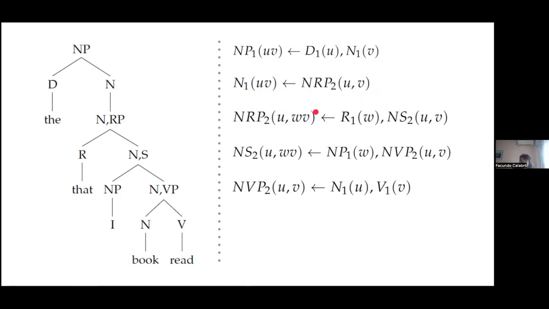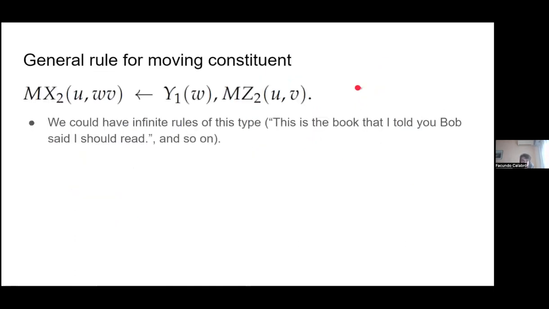And what we have here and here is a very common rule, which we will have to use whenever we want a moving constituent. So this rule basically means that we have a constituent with something moving out of it within this non-terminal symbol.